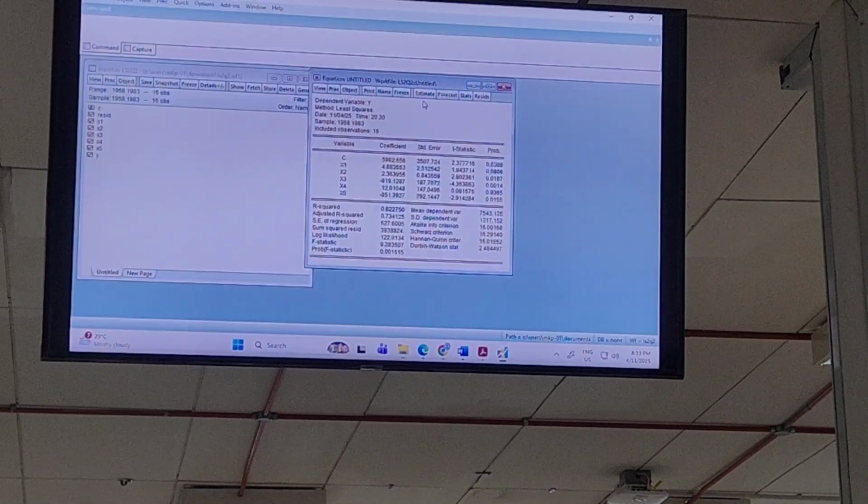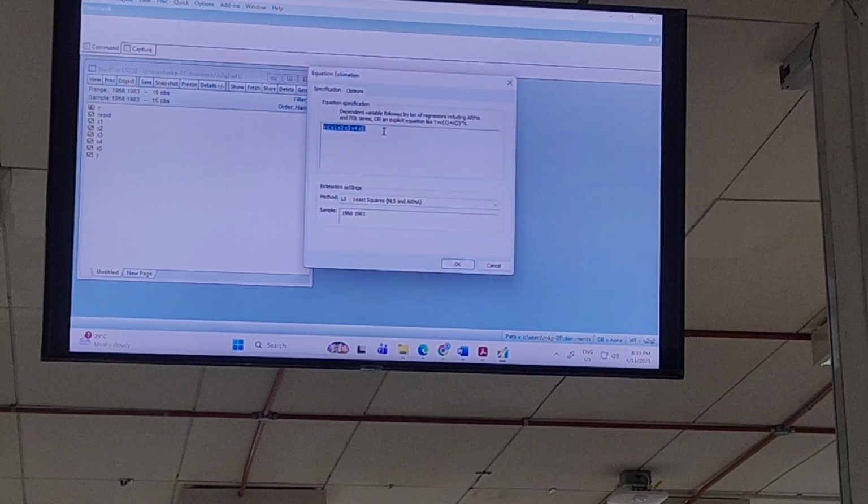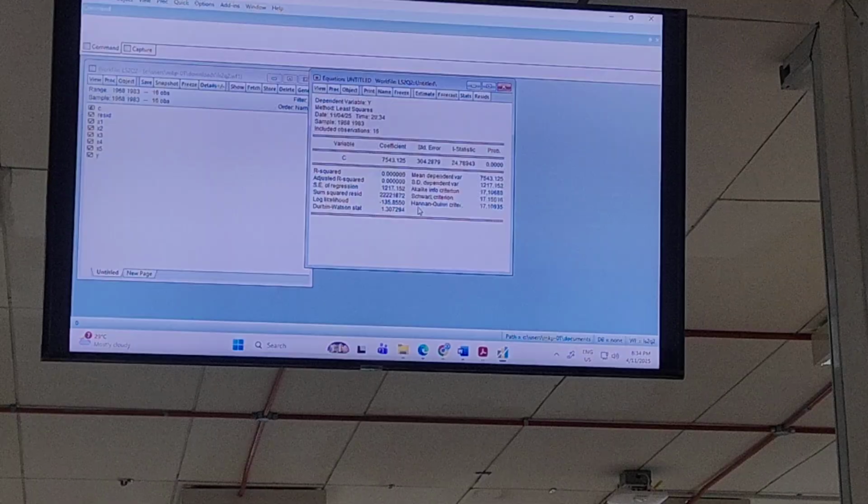Even though you don't have the output for this one, you know the R square must be 0 without any X.